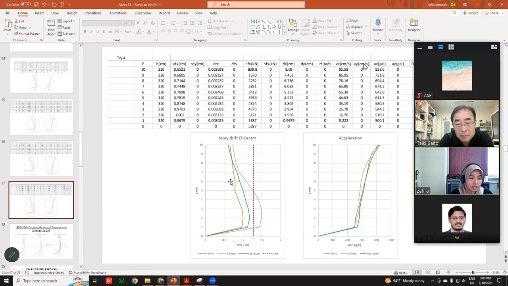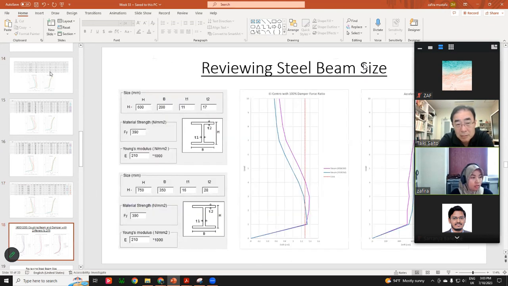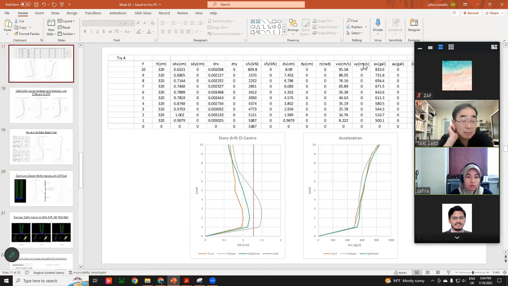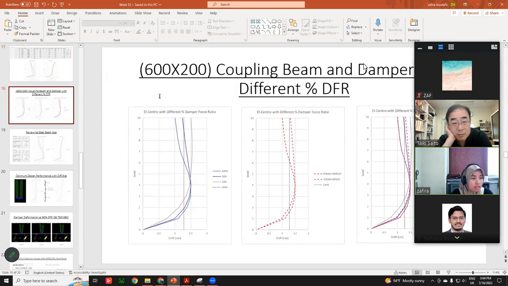So the orange color actually has a bit better performance than the optimized one. The other option that we can do to reduce the acceleration is to increase the size of the wall at the bottom.